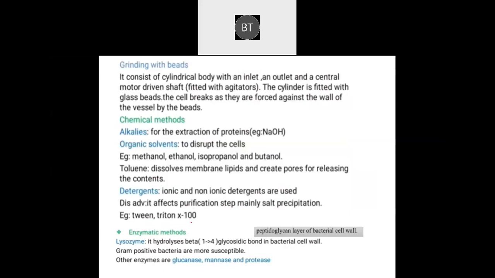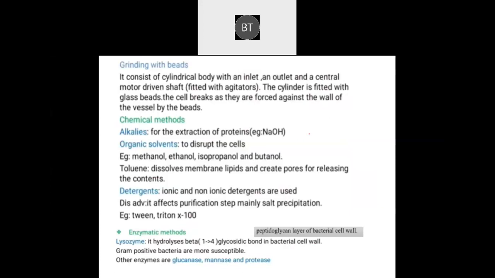Apart from this, we can use even the organic solvent to bring about the cell destruction. The organic solvents mainly act again on the cell membrane by solubilizing its phospholipids.